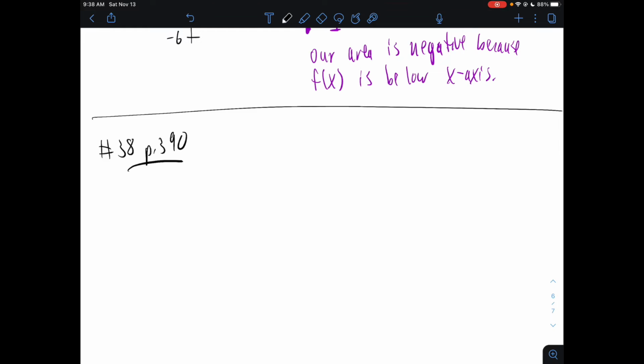And it says evaluate the integral by interpreting it in terms of areas.